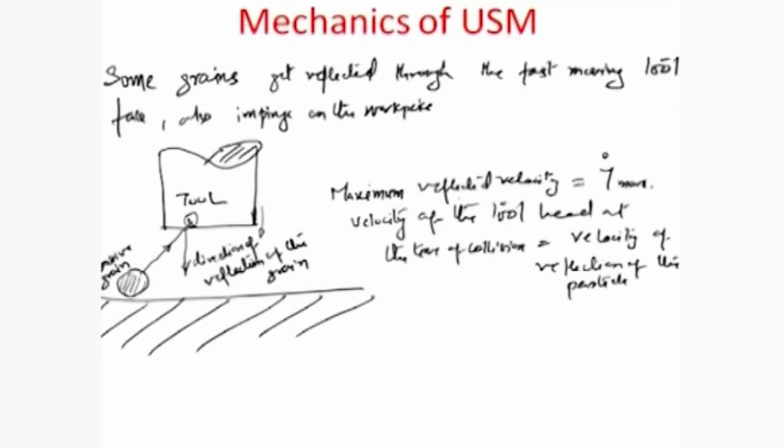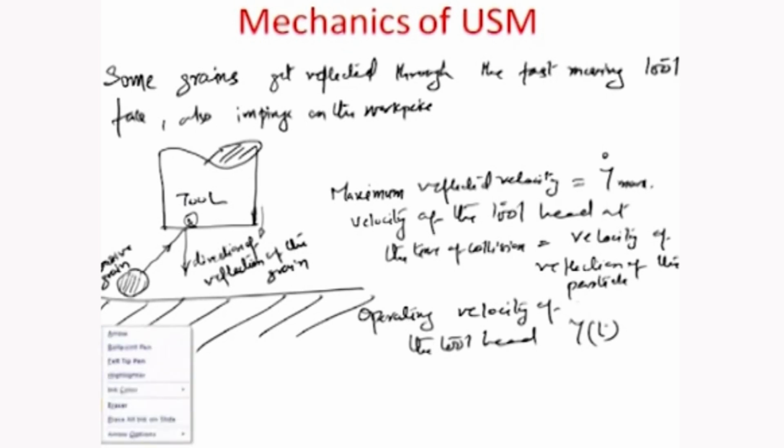So let us find out first the operating velocity of the tool head as a function of time. So y(t), as you know, because it is a sort of simple harmonic motion imparted by the tool.